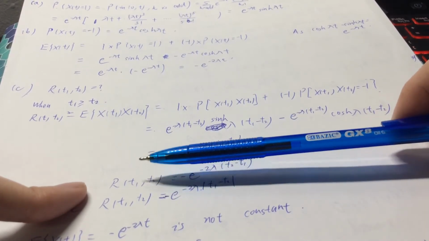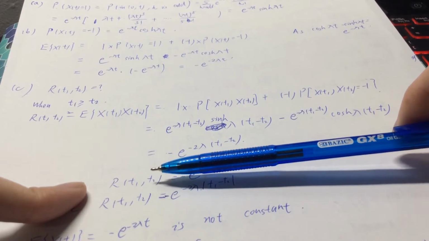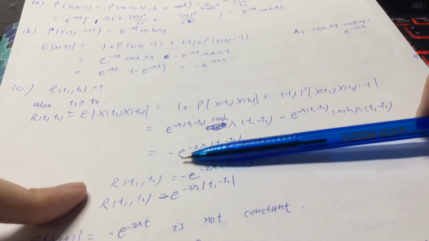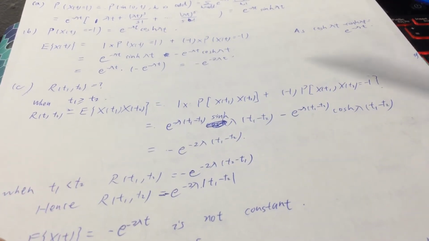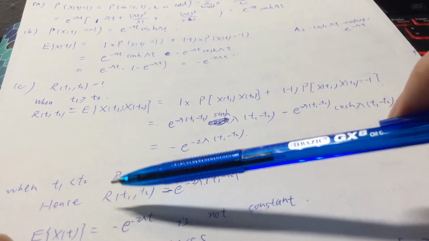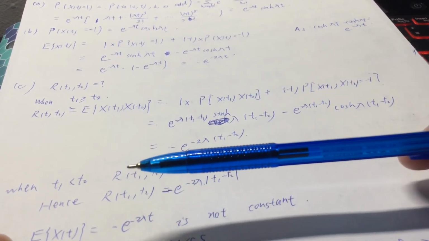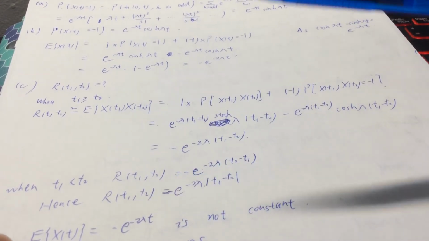It is equal to exponential to the power of minus 2 times lambda times (T1 minus T2). Also, when T1 is smaller than T2, the final result is equal to this part.